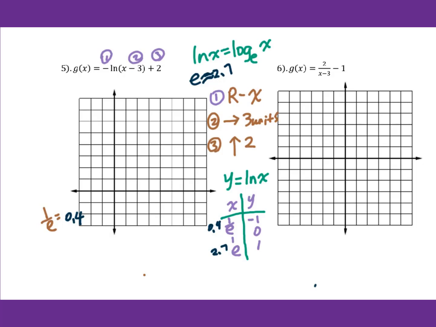You can count it as 3. Now we plot these 3 points. 0.4 and negative 1, it's here. Then 1, 0, it's here. Then 2.71, it's here. Then I connect these 3 points.